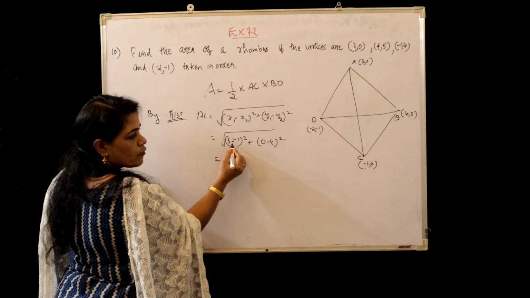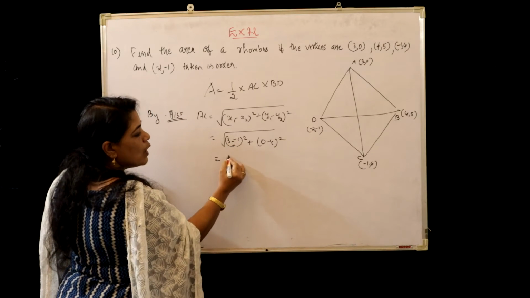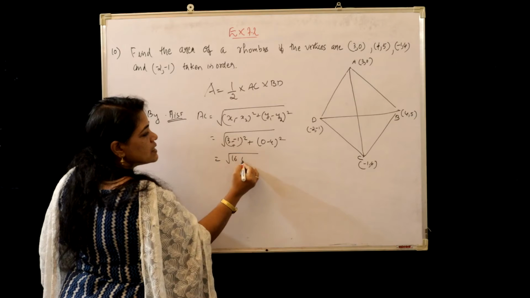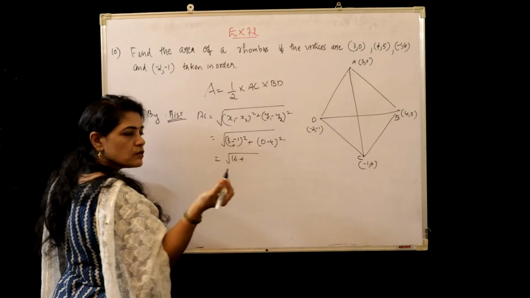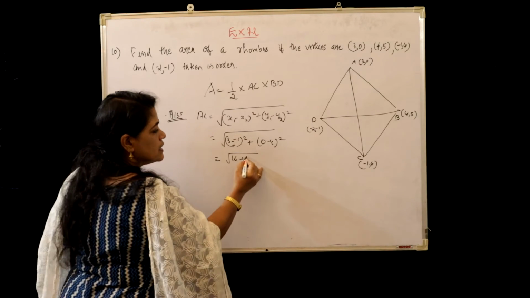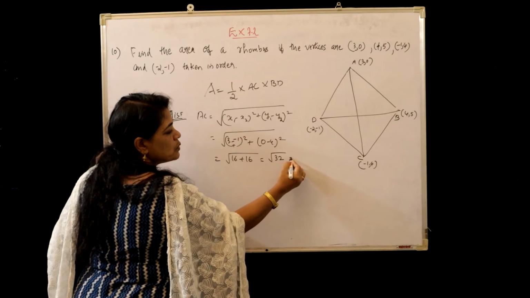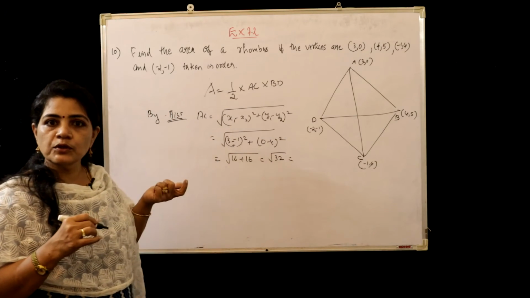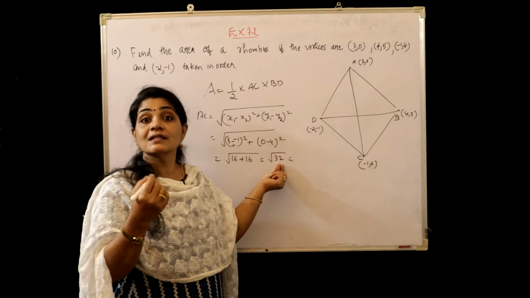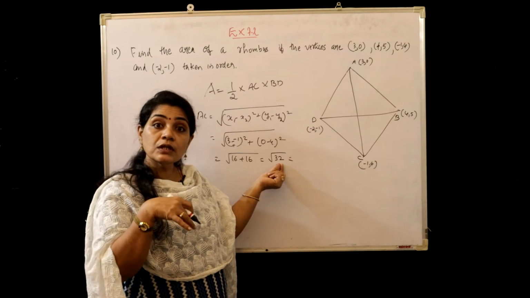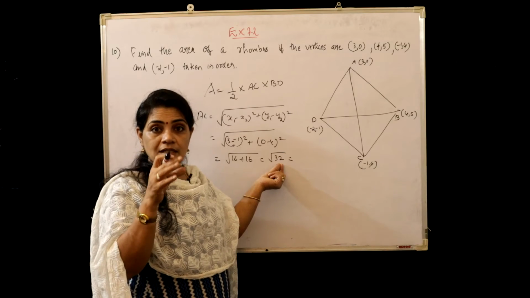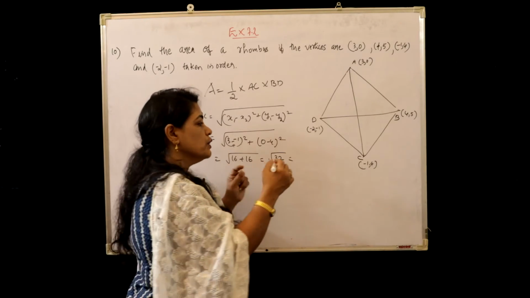So 3 minus of minus is plus, so 3 plus 1 is 4, square is 16, and 0 minus 4 is minus 4, square is 16. So you will get root of 16 plus 16, 32, and can you write this 32 as 16 into 2, that is root 16 into root 2, that is 4 root 2 units.